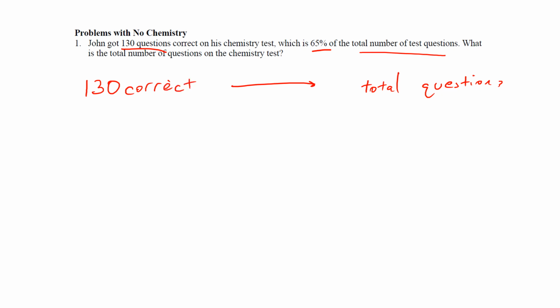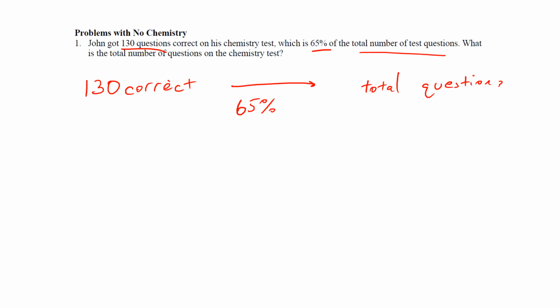Okay, so what else are we given? We're also given that he got 65% of those test questions correct. All right, so there's not really a diagram, but this says, okay, we're starting here, and we want to get to the total questions. There's no other pertinent information in here. So now I can forget about the word problem.